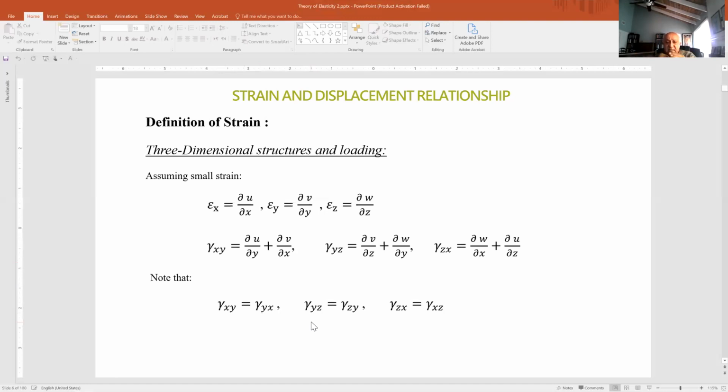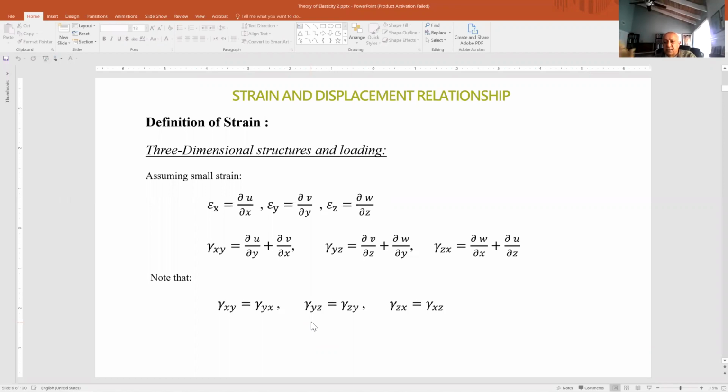This is exactly similar to the stresses from several points of view. Stress, we indicated, is a tensor of second degree, and in three-dimensional space is identified by 6 components: sigma x, sigma y, sigma z, tau xy, tau xz, tau yz.